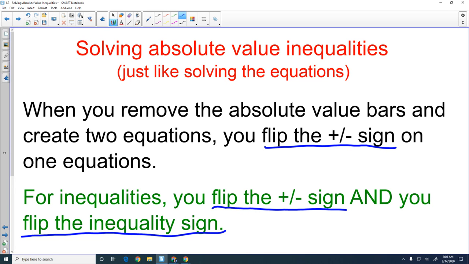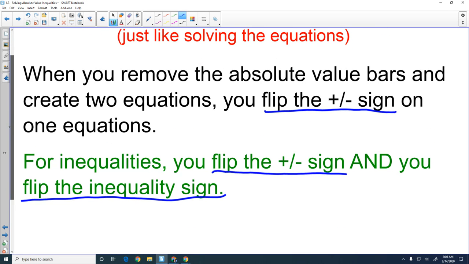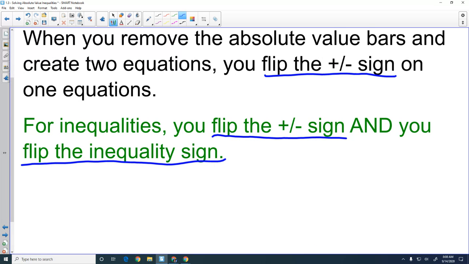So this is the main new part of this lesson that I want you to have written down. It's at that step 3 from the previous lesson, just like equations, but instead of just flipping the positive and negative sign, we also flip the inequality sign.